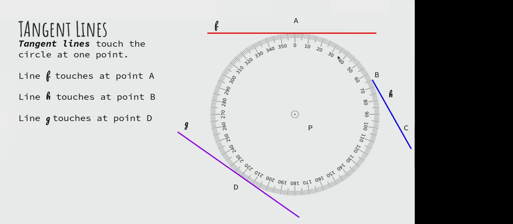So line F, line H, and line G, and their points of tangency are A, B, and D. So make sure you add that to your notes. What is a tangent line?